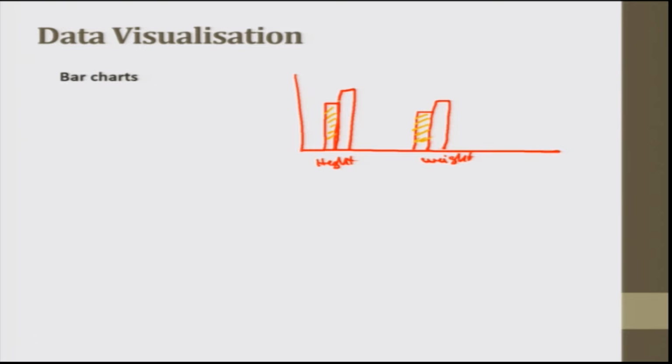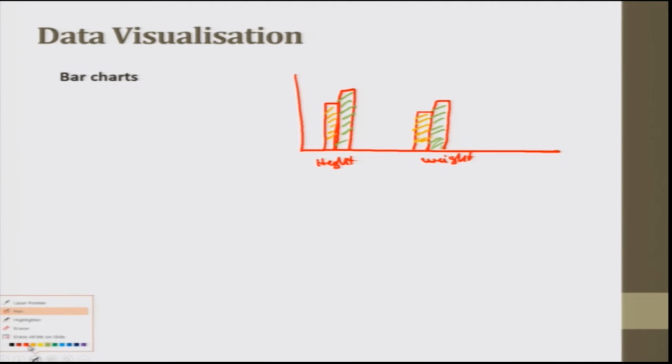This is bar 2. Different components are there, and I am discussing the height and weight. I can just see that if the height of component 2 is larger, then weight is also higher. We can find the correlation, I can just think of some correlation between them. But bar charts are a very commonly used graphical representation.